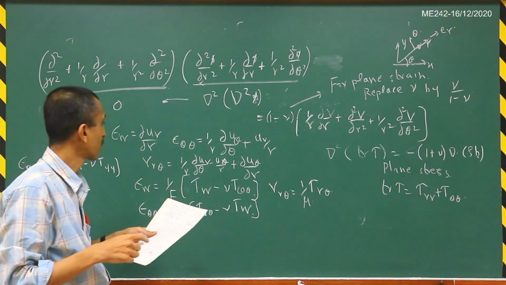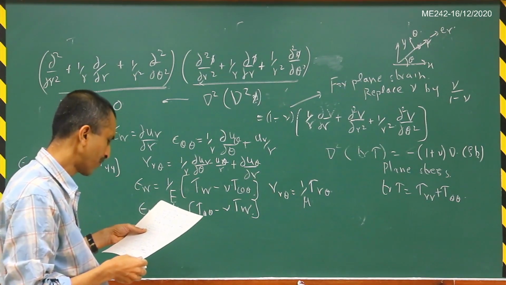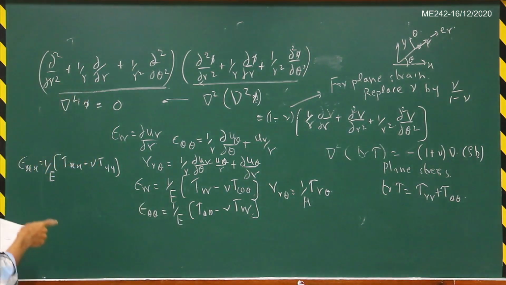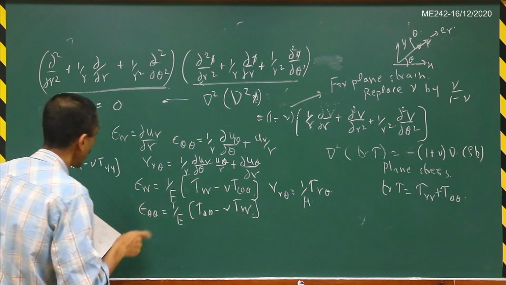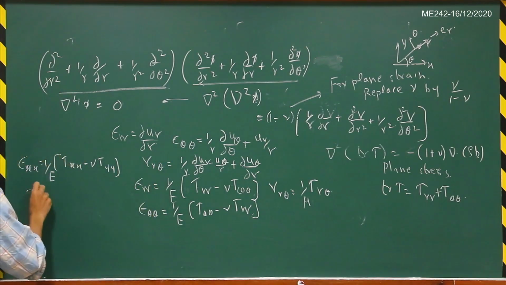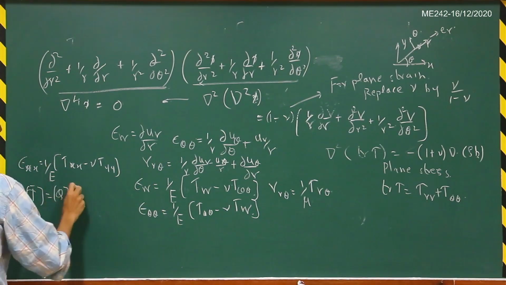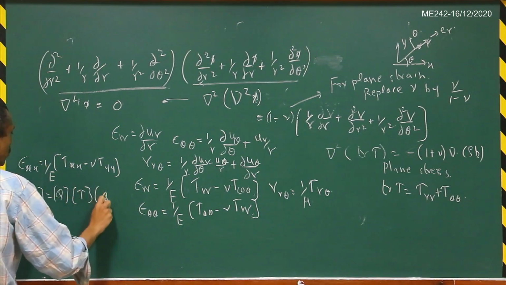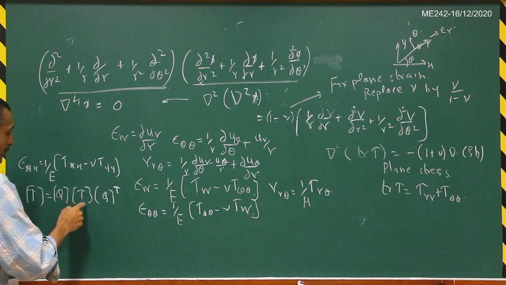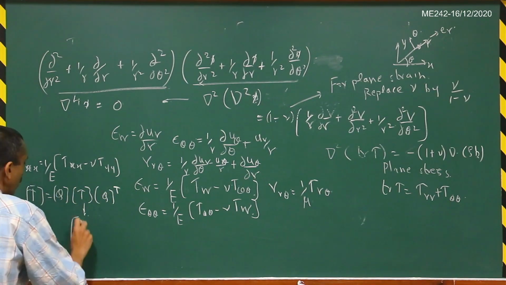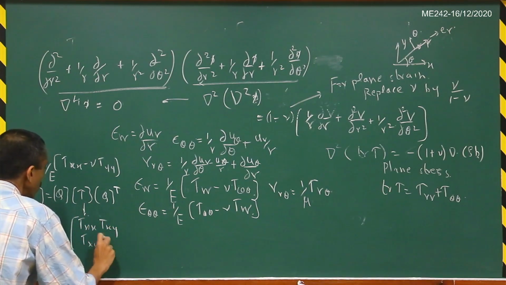And then the transformation law is given by, so if you want to transform from Cartesian to polar coordinates, then we also know that tau bar is equal to Q times tau times Q transpose, right? So if you give me the components in the Cartesian system, so this will be tau xx, tau xy, tau xy, tau yy, right?